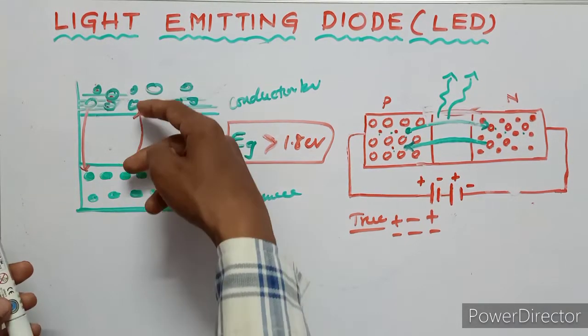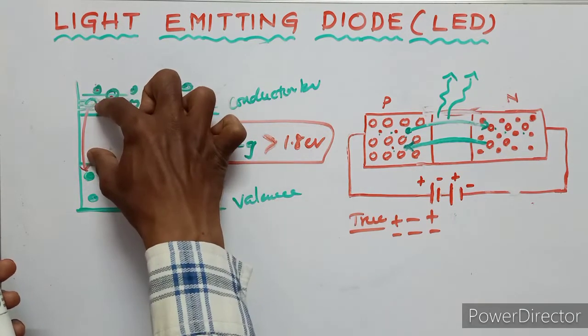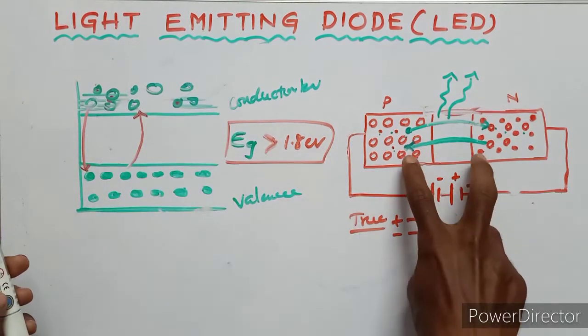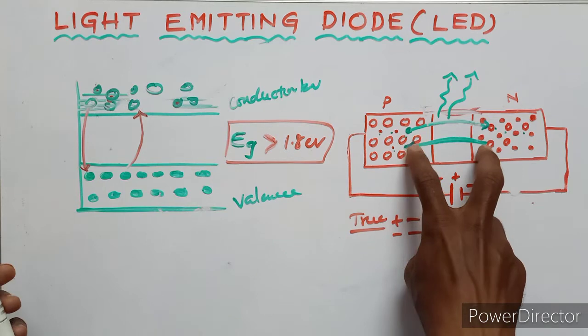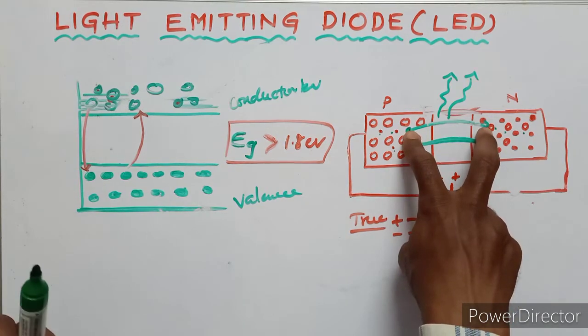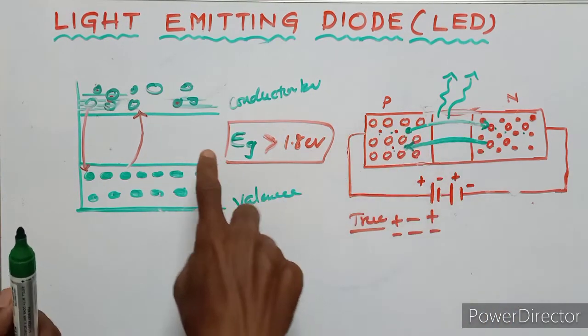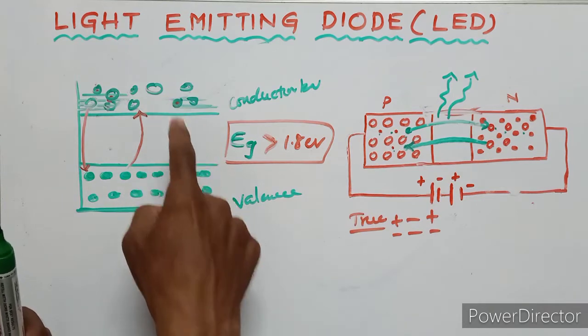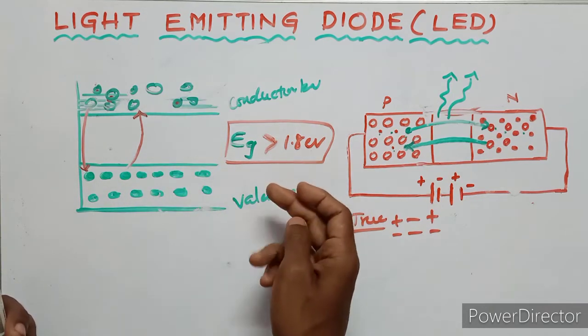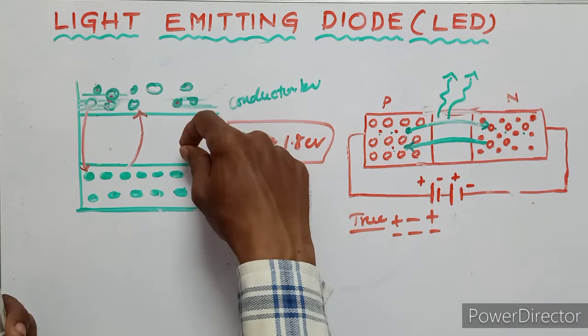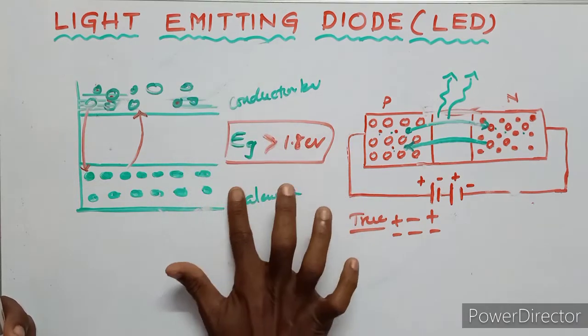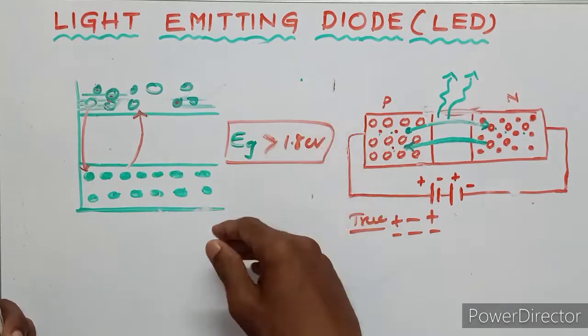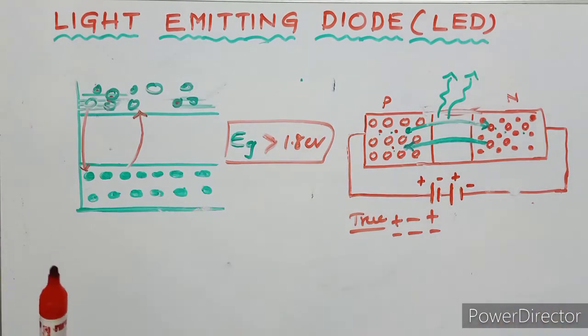Then these two are recombined, these two are recombined, same as these two are recombined. Then the conduction band electrons and the valence band holes are recombined. So then the light is emitting, that is the light emitting diode.